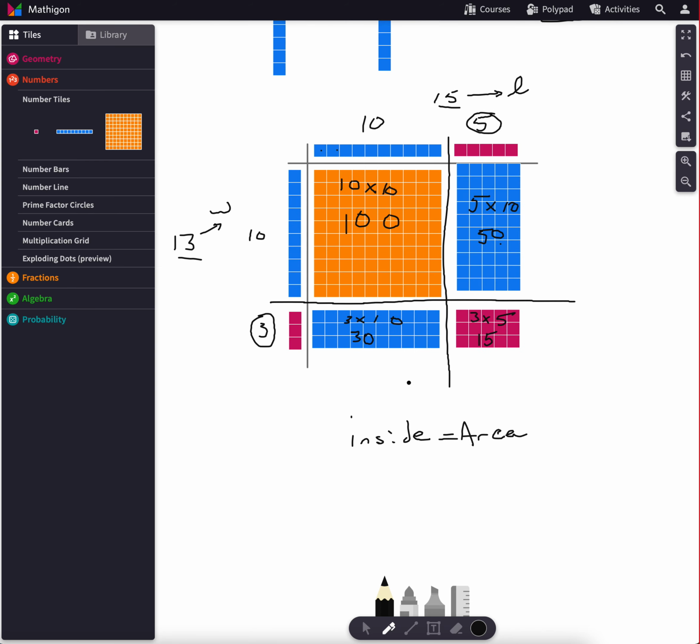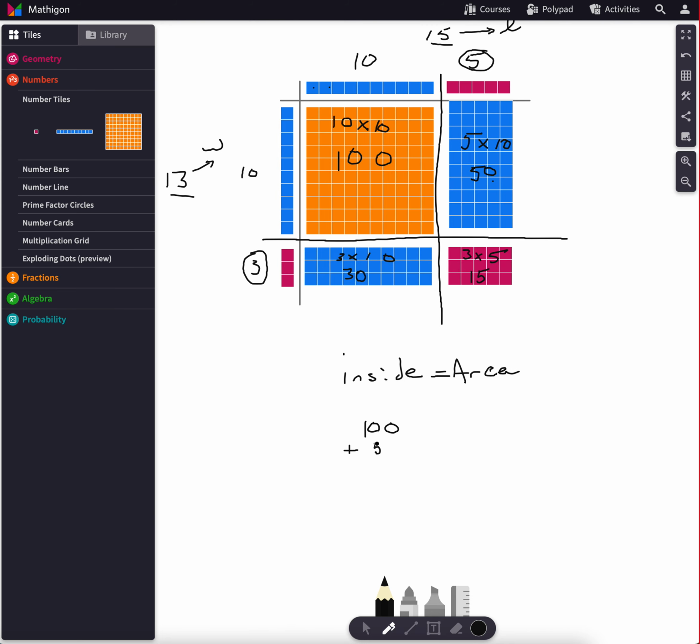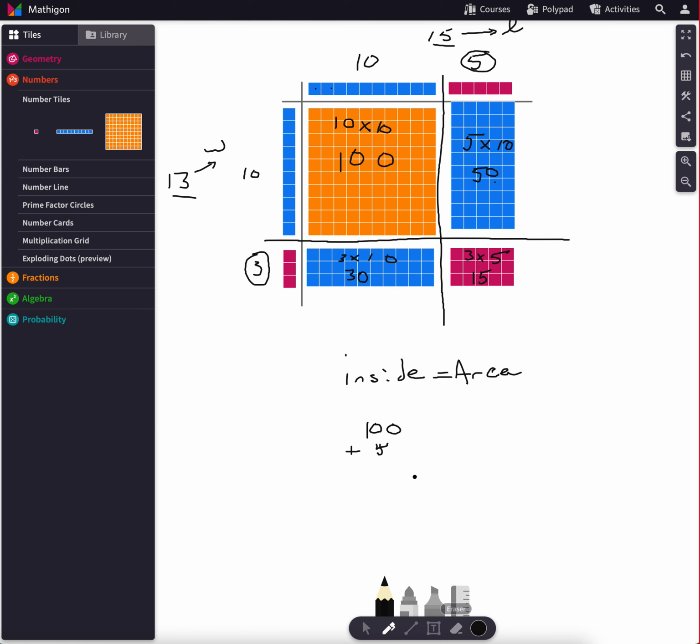So if we add up the area on the inside, we're going to get 100 plus 50. Oh boy, what's going on here? I promise this will go easier on my iPad when we actually start doing questions. Plus 30 plus 15.